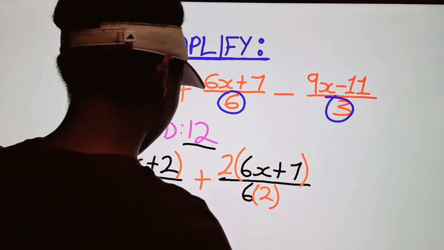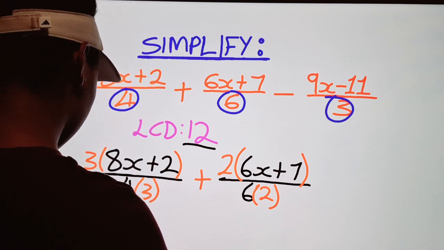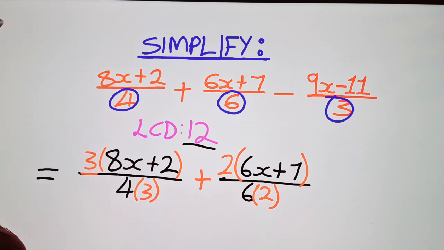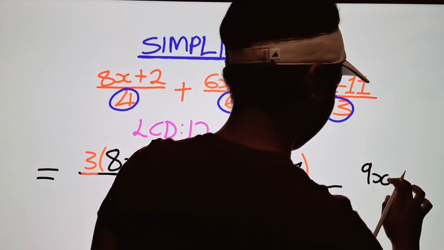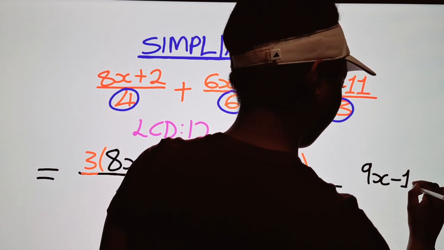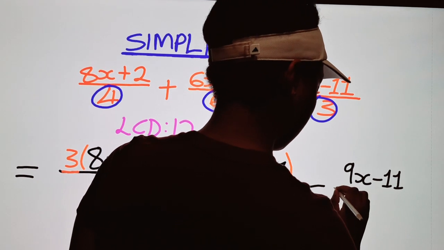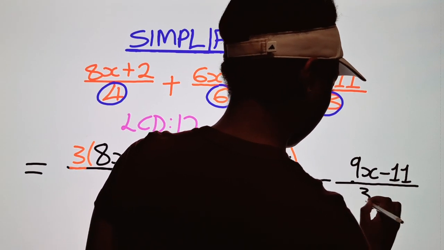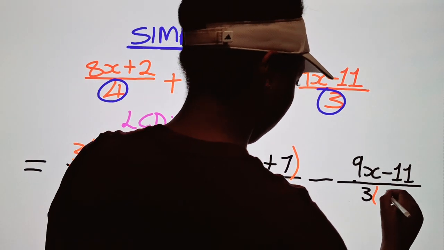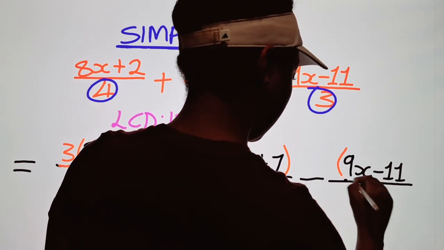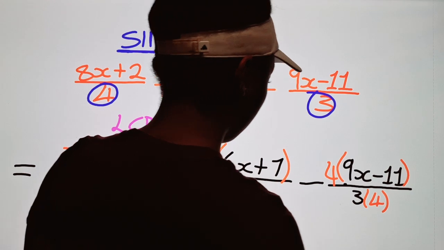Then the last fraction is minus 9x minus 11, all over 3. We change 3 to be 12 by multiplying by 4, so it's times 4 on the denominator and times 4 on the numerator.